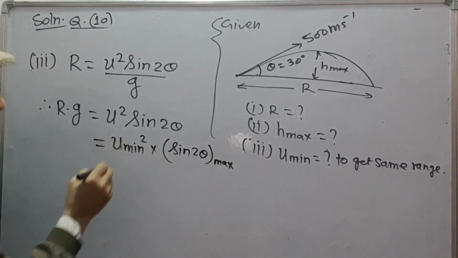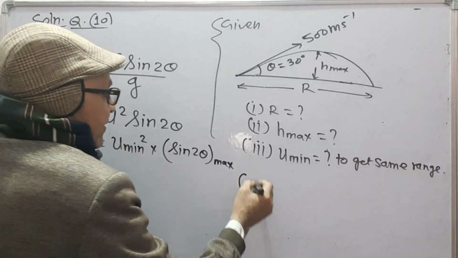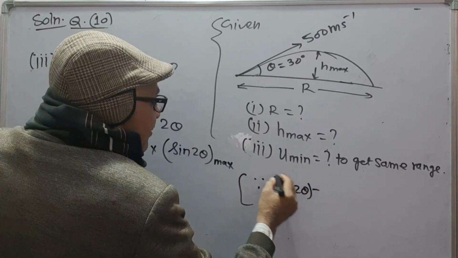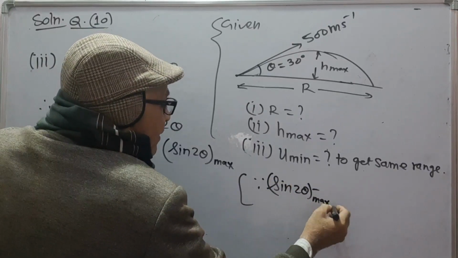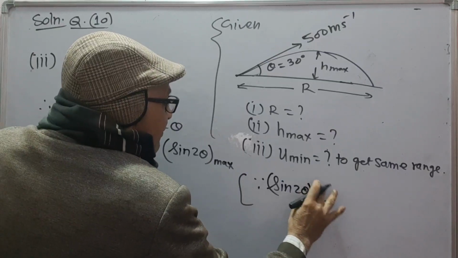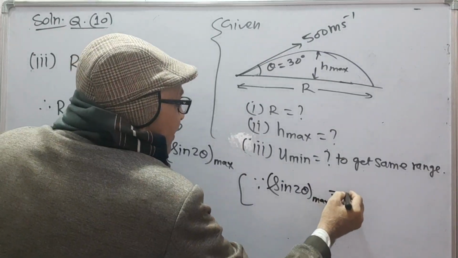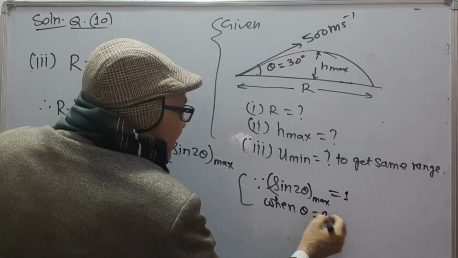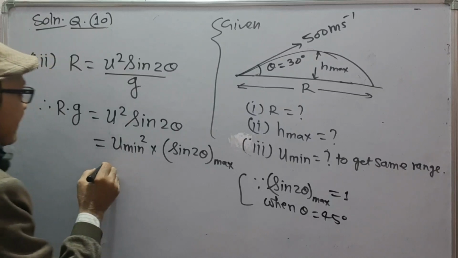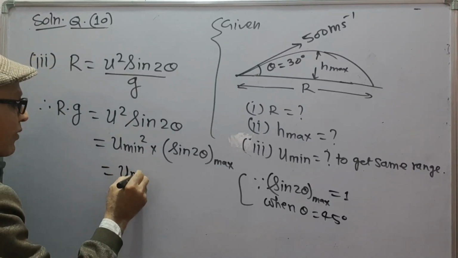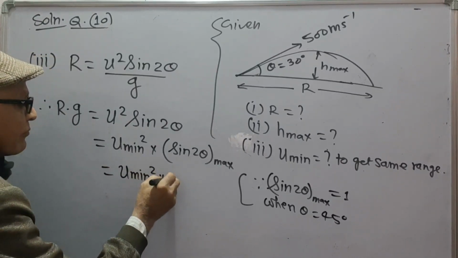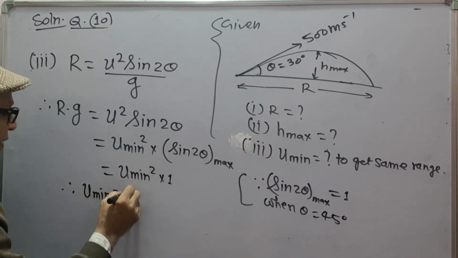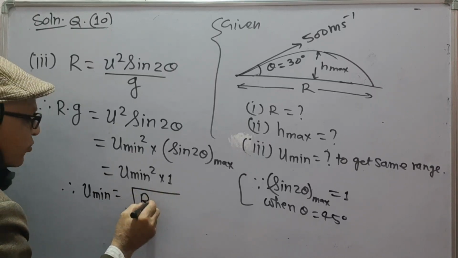So u minimum square, then sin 2 theta should be maximum, and sin 2 theta maximum will give 1 when theta is 45 degree, then it becomes u minimum square into 1. Therefore, u minimum will be equal to under root r into g.